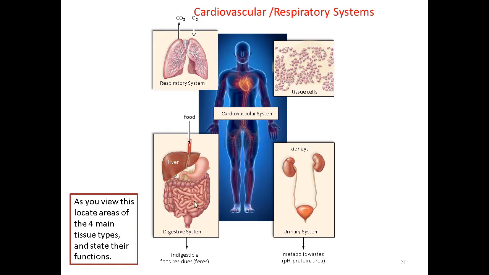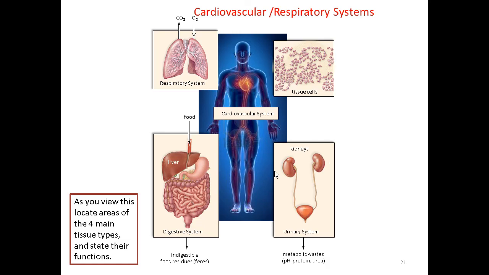You come down here to the digestive system, there's a lot going on down there. But you're going to absorb the nutrients, for instance glucose that's needed for cell respiration to make ATP, fatty acids to make hormones, amino acids to do protein synthesis, and glucose to make ATP. Then you have the kidneys over here.